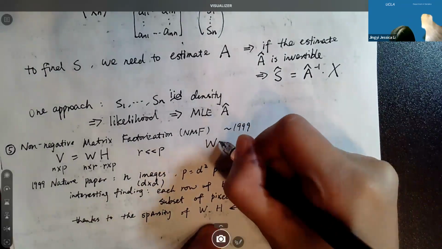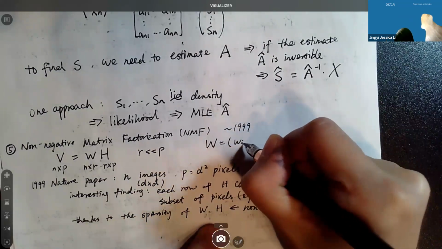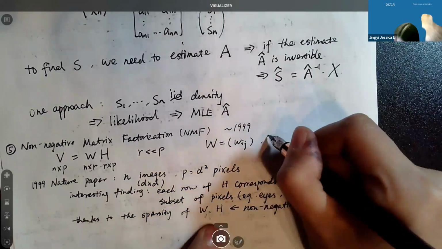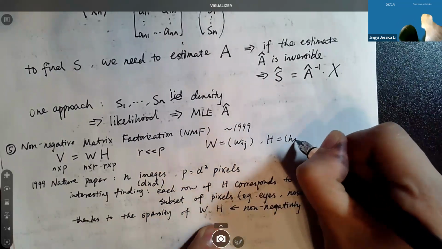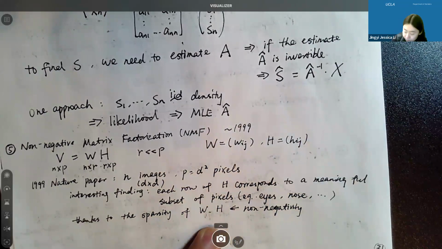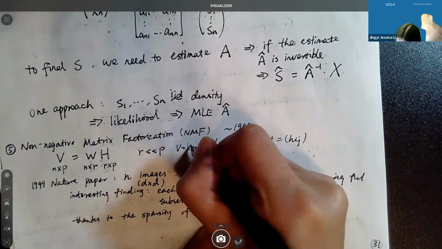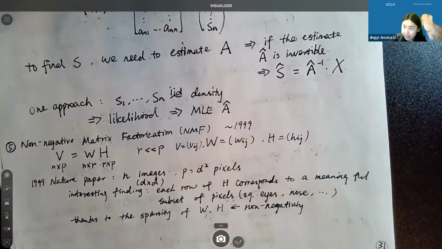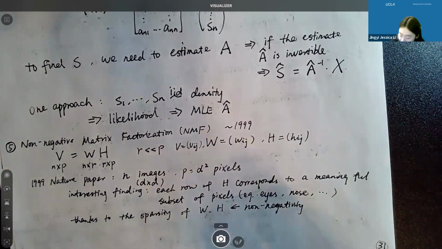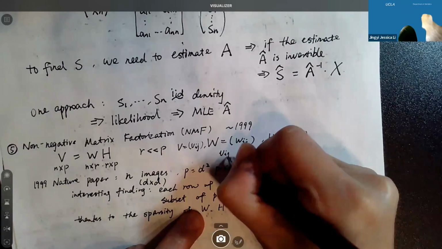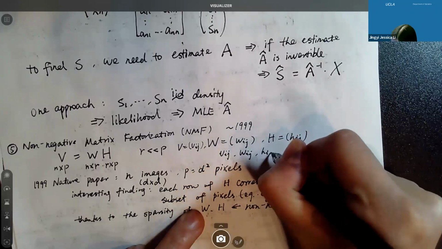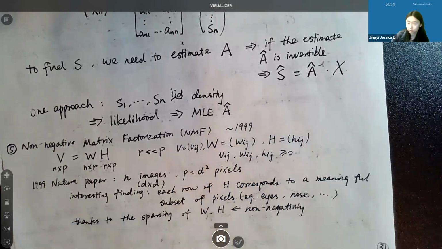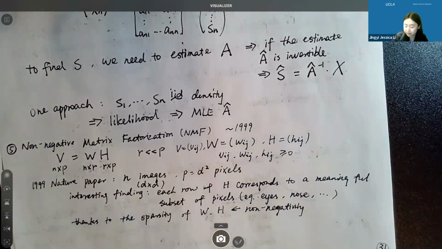So if I write my W entries as Wij, and the H entries as Hij, and of course the input V as Vij, then the requirement for this algorithm is that Vij, Wij, Hij are all non-negative. Of course, the range of i and j depends on the dimensions of each matrix, but we're just requiring all the elements in the three matrices to be non-negative.